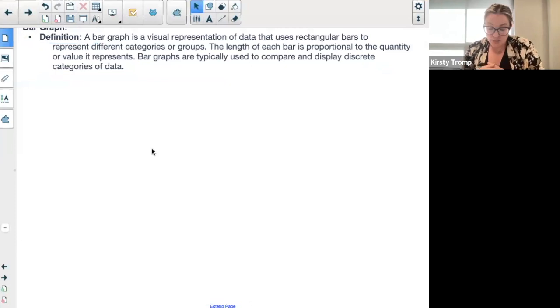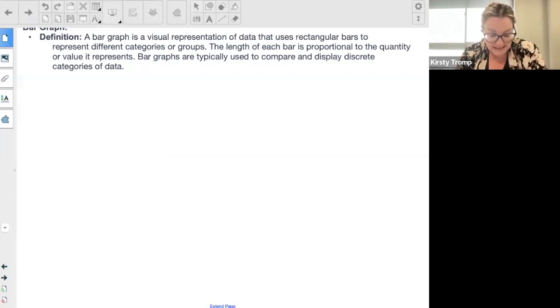The length of each bar is proportional to the quantity or value that it represents. Bar graphs are typically used to compare and display discrete categories of data. So discrete categories of data are numbers that we can count, actual rounded off numbers.